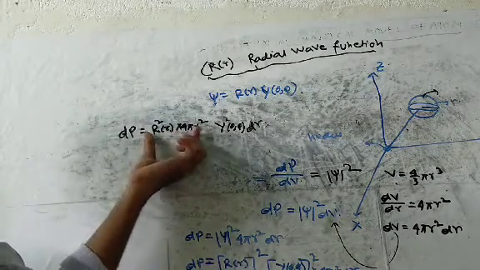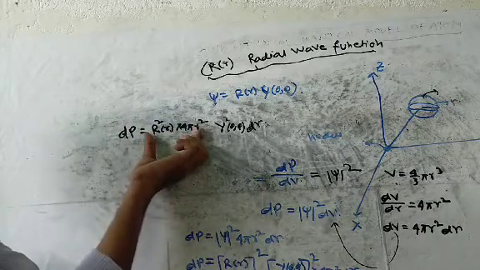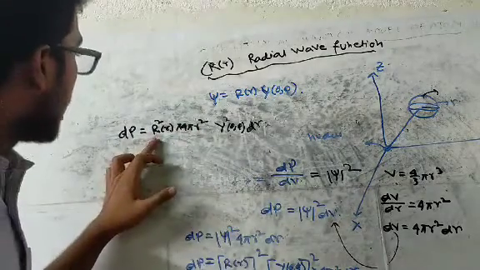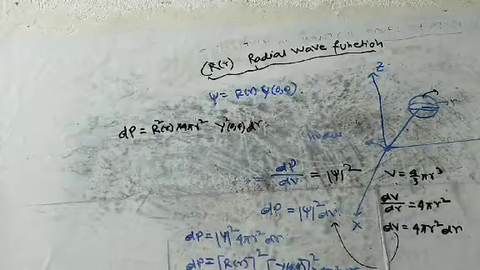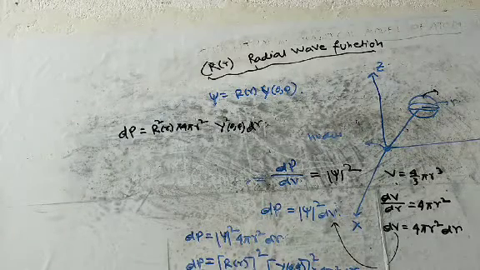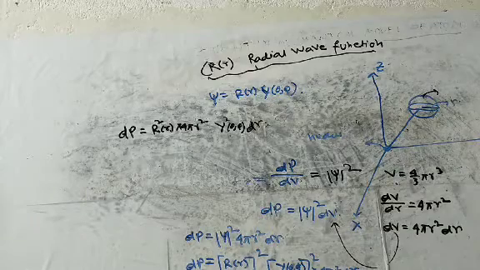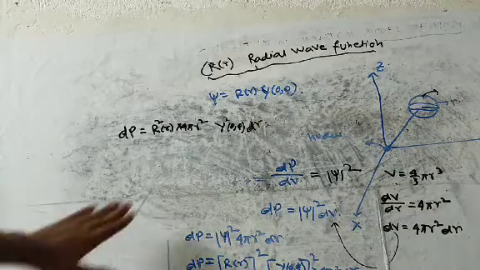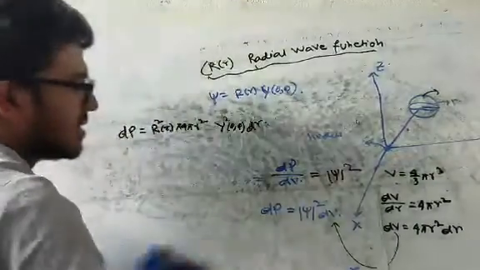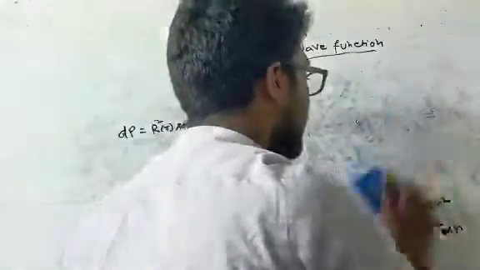My probability depends solely on this part, 4 pi r square into R square of r. So it fully depends on two parts, 4 pi r square and the square of the radial wave function. Now let's draw the graph again.